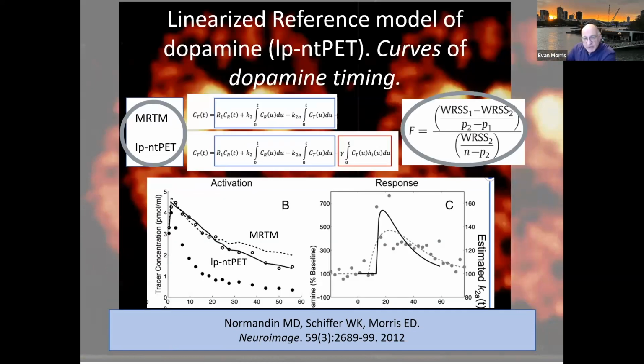And it looks like this. The basis functions I'll come back to, they allow us to linearize this otherwise nonlinear term, which represents the dopamine function h of u over time.